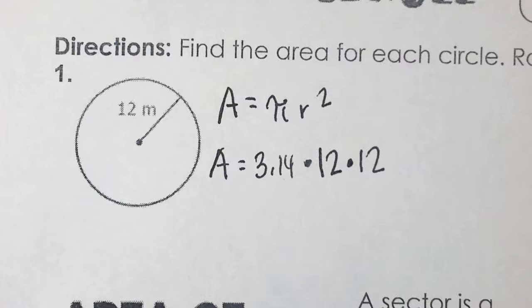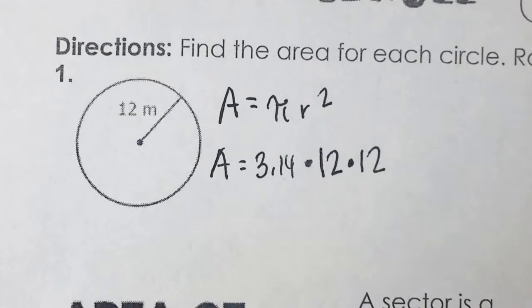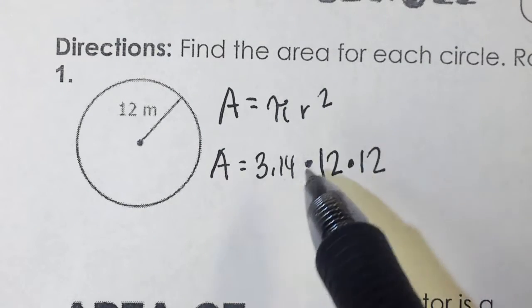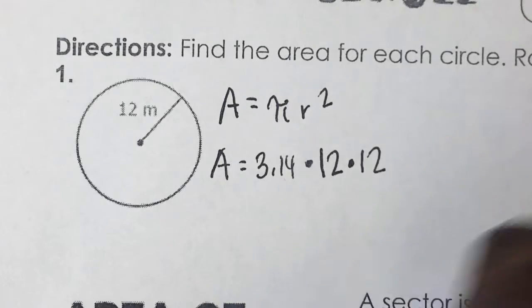I don't like y'all writing 12 squared because sometimes y'all forget to times it by itself. So, I mean, if you kids want to write 12 and then squared, that's fine. But I like to write it all the way out because I've seen it so many times and I've been teaching this for a while. When y'all write 12 squared, most of y'all forget to times by 12 twice. Just write it out. You won't forget.